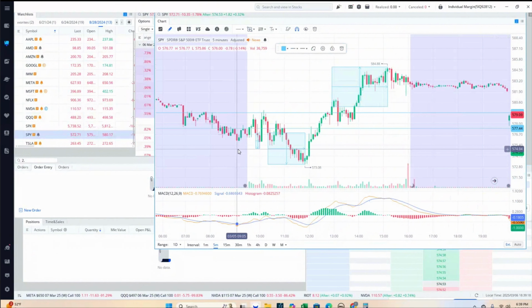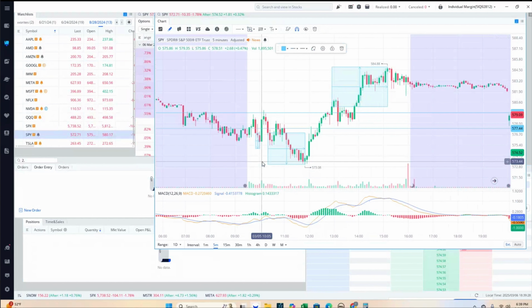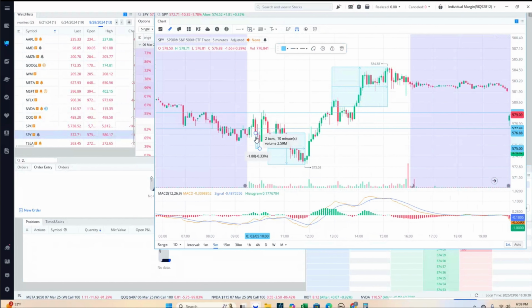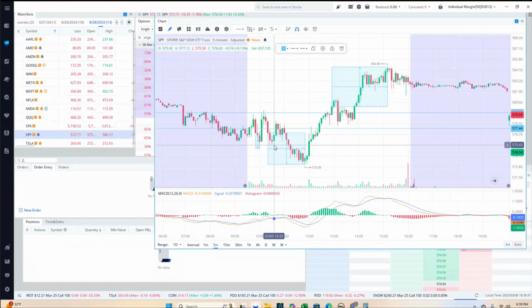All right, so now when it comes to risk management, for this specific trading strategy, if I take it in one direction, I'm looking for anywhere between about $2 to $3. Even though a dollar move is successful for me, I know that on average it moves at least $2.